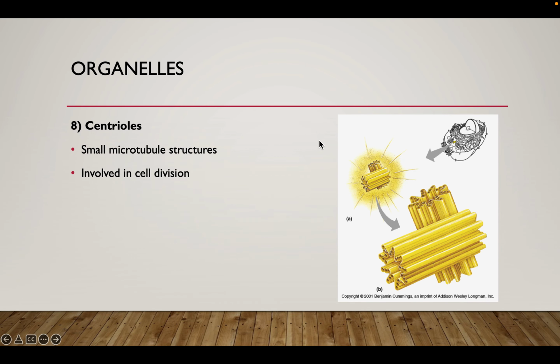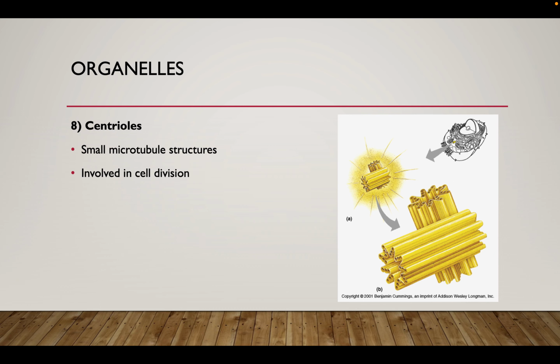They will radiate out. They will connect to the kinetochore of our chromosomes as they align at the metaphase plate. And then these microtubules will begin to essentially reel these chromosomes or sister chromatids apart and pull them to their respective sides of the cell.